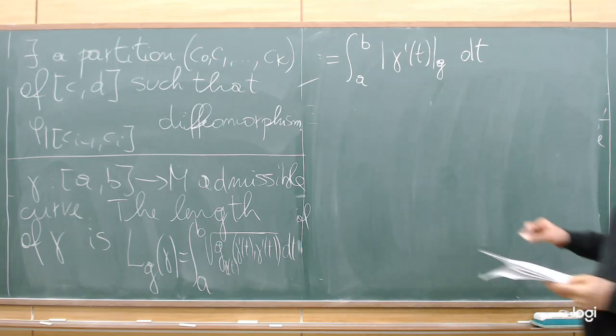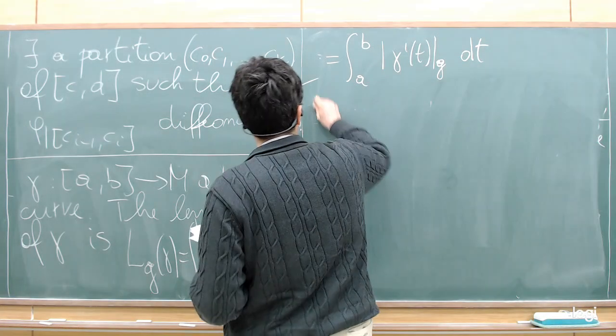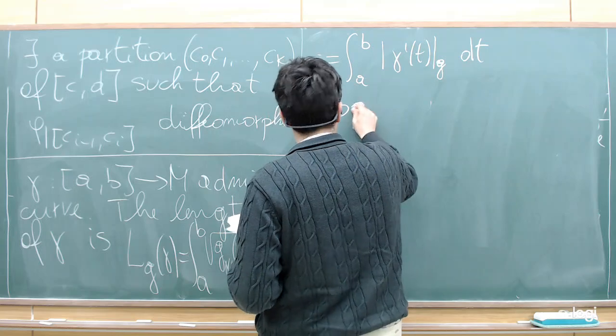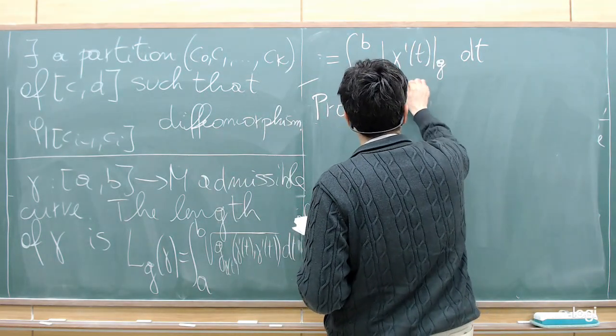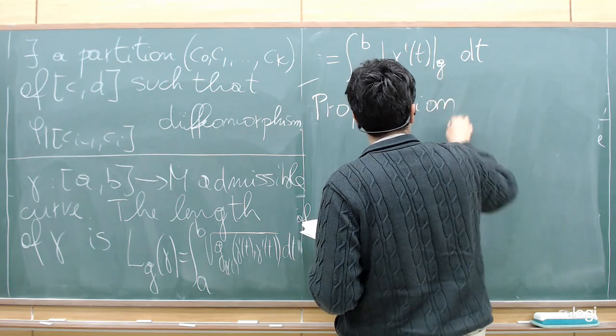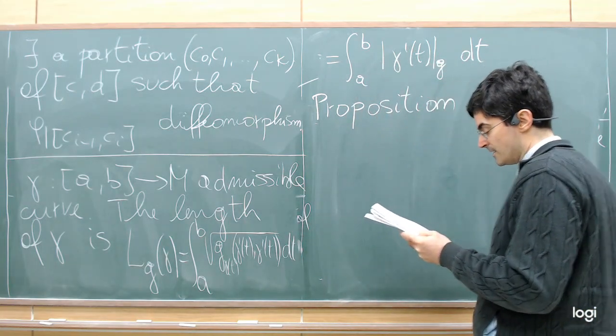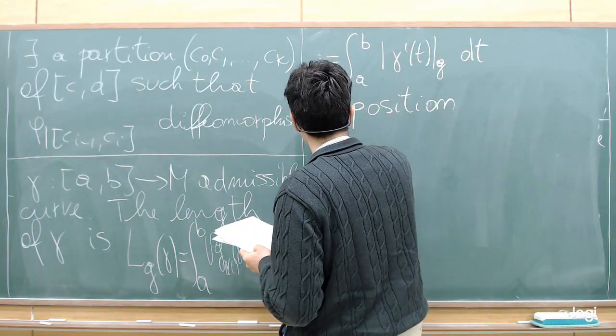It is easy to prove that the length of an admissible curve satisfies the following properties.